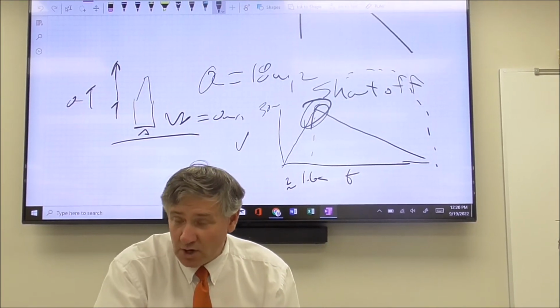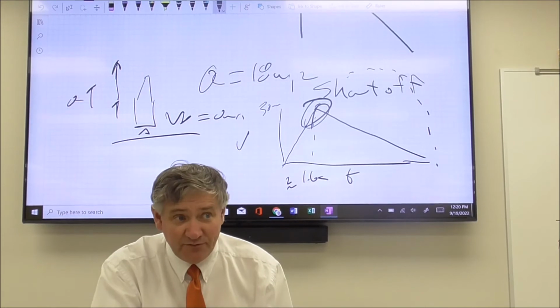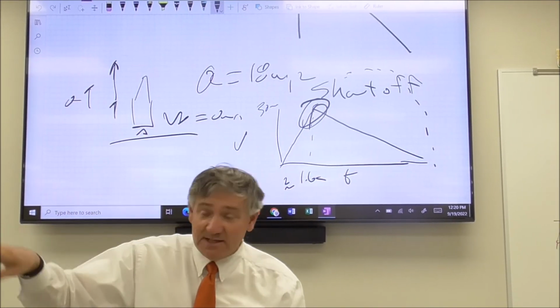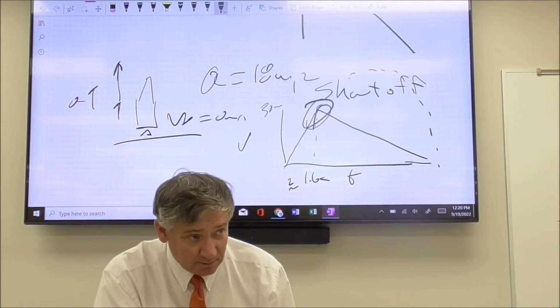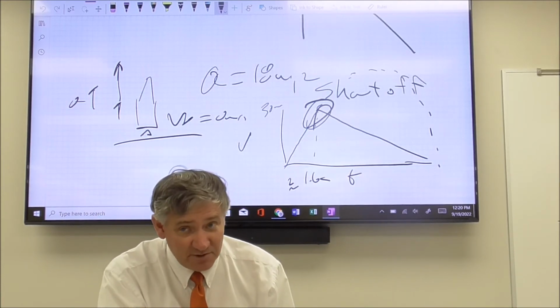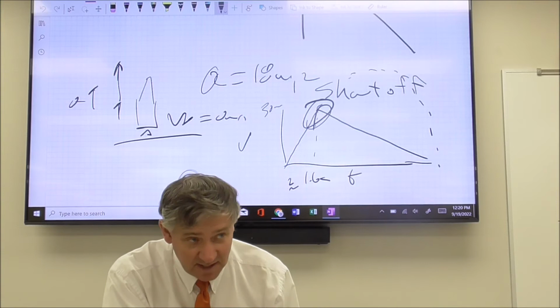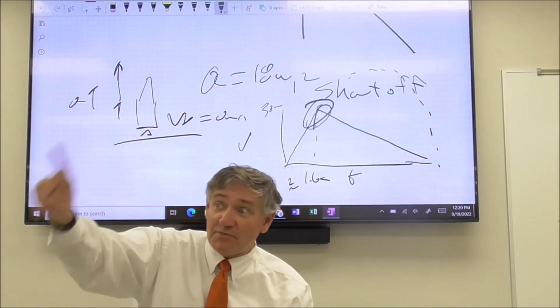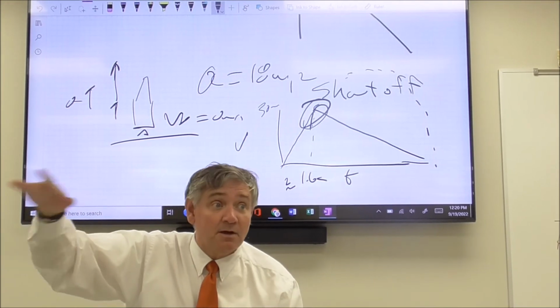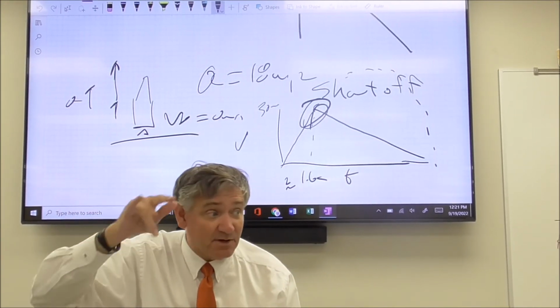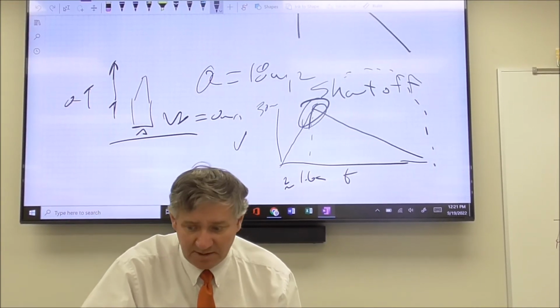You only draw straight sloping lines. If you find yourself drawing curved lines, stop. You have done something wrong. You are never going to draw a curved line on a velocity time graph. Now, they might change slopes, but within each individual segment, you're only drawing straight sloping lines.